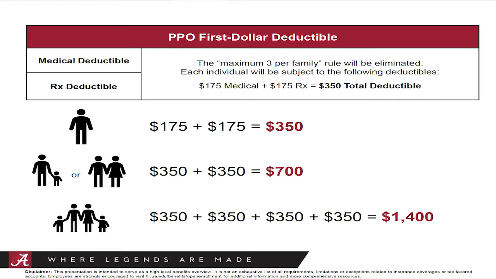So for example, if it's just you, you'll pay a $350 deductible. If it's you and 1 other dependent, be a spouse or 1 dependent child, it's $350 for each of you. But here, if you have a family of 4, you have that deductible for each member covered under the plan. So in the example given here, it's up to $1,400.